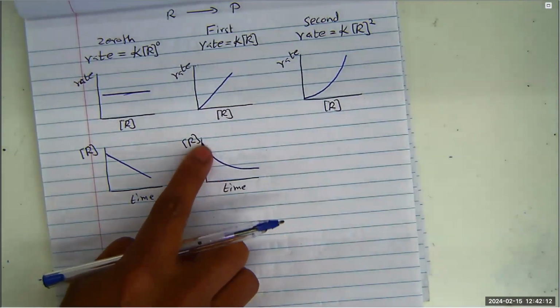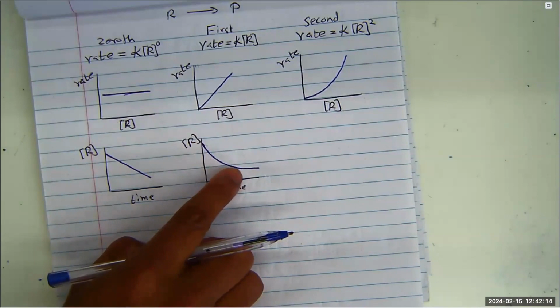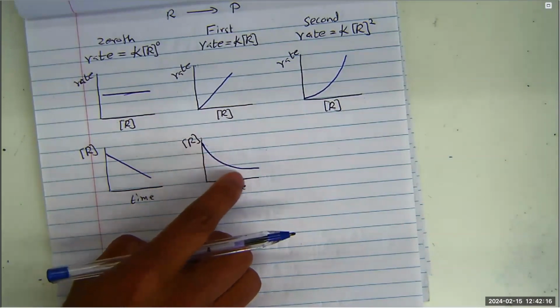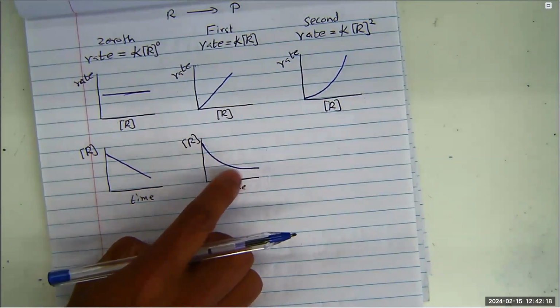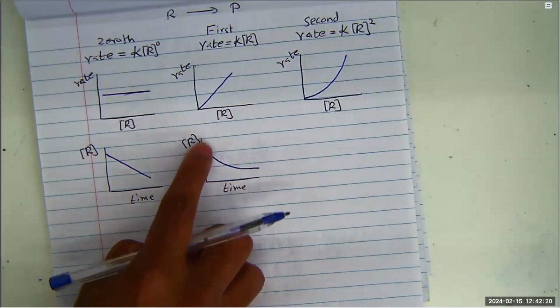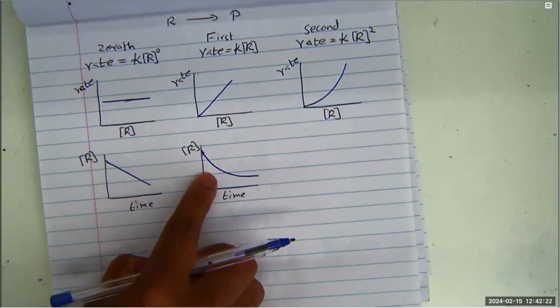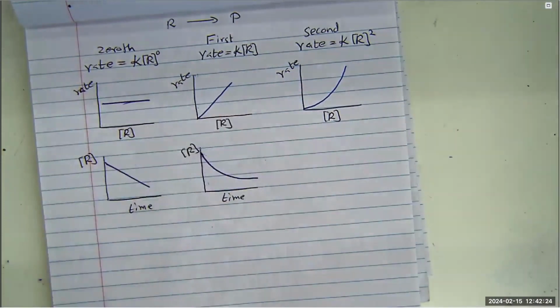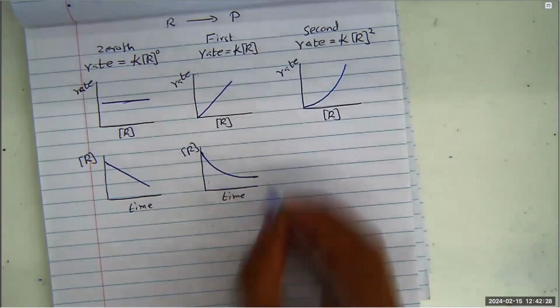You see the slope is decreasing with time, meaning the rate of the reaction decreases with time. Why is this the case? When the reactant concentration goes down, the rate decreases. That's the idea here, and that's why this is happening like that.